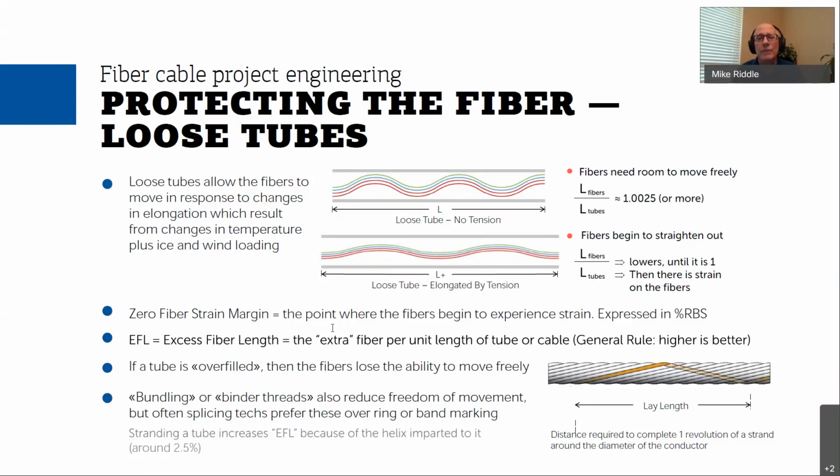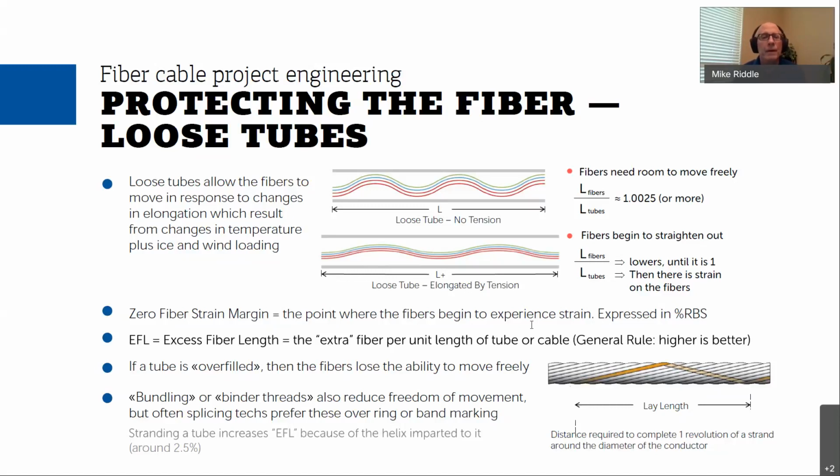This is the point where the fibers begin to experience strain, and it's usually expressed in percentage of the rated breaking strength. So for example, if I told you that I had a cable design with a rated breaking strength of 20,000 pounds and a zero fiber strain margin of 50% rated breaking strength, you would then know that the fibers do not experience any tension until the tension on the cable is 10,000 pounds, 50% of the 20,000 pound rated breaking strength.